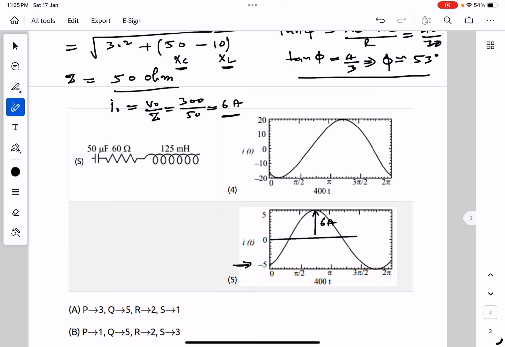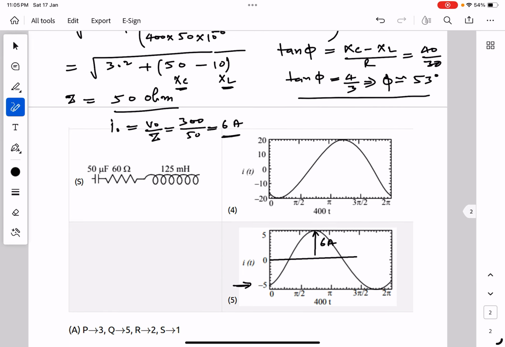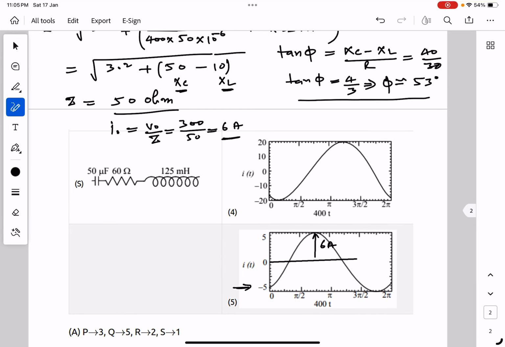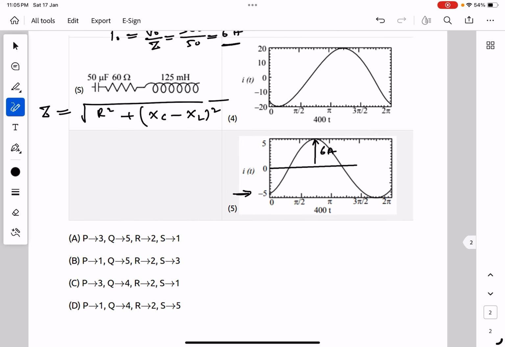In this case the circuit contains one resistor, one capacitor and one inductor. So let us find out the impedance of the circuit. This will be equal to root of R square plus XC minus XL whole square. Let us put the values.